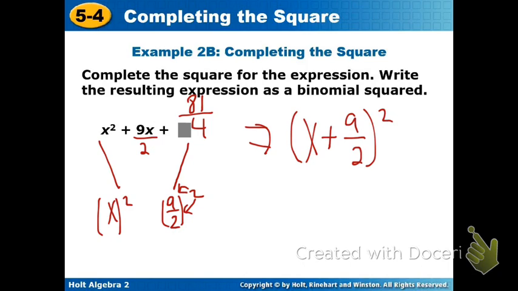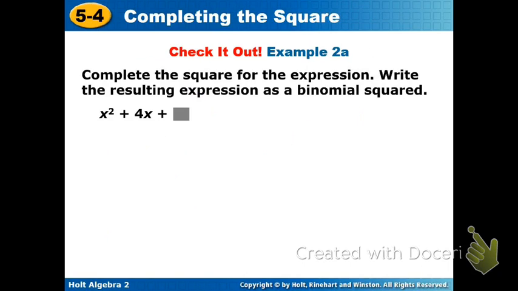Let's try one more, and then I think you guys will be ready. Okay, now we have an x squared plus 4x plus what we're going to find. So if we're thinking backwards, we know that that's x, and we need to find this one. So 4, what are you going to do to him?